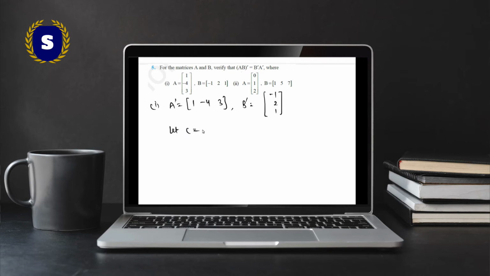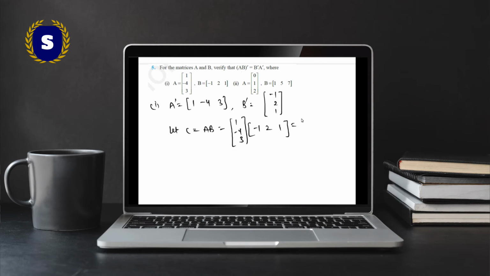Let matrix C be equal to the product AB, that is 1, minus 4, 3 multiplied by minus 1, 2, 1.